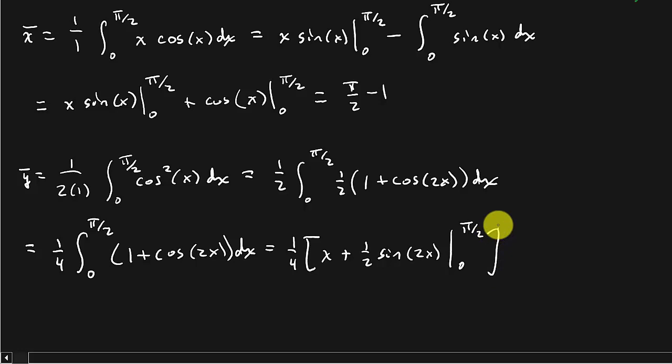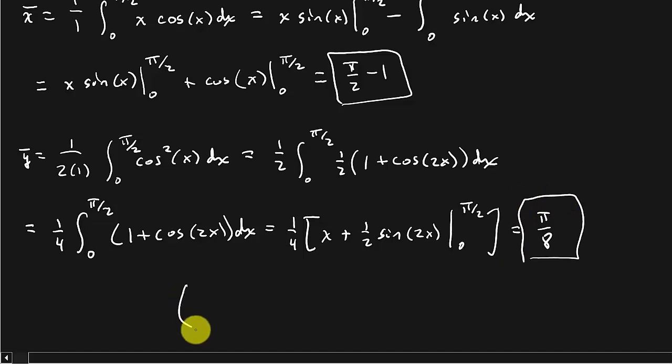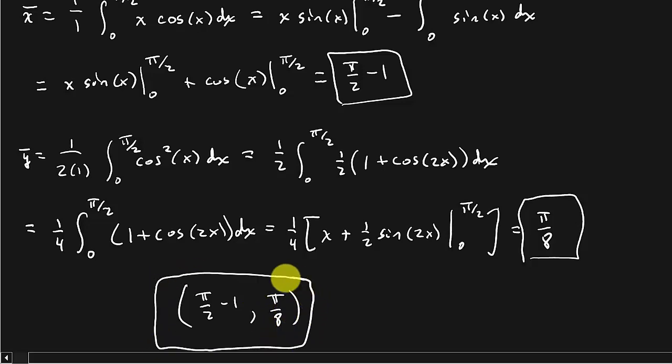I'm not going to go through and plug all that in. You should know how to do that. And that would give you pi over 8. So there's your x bar, there's your y bar. So the centroid is pi over 2 minus 1, pi over 8. And there's your answer.